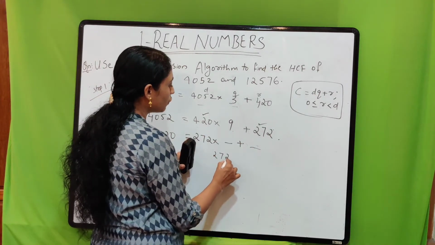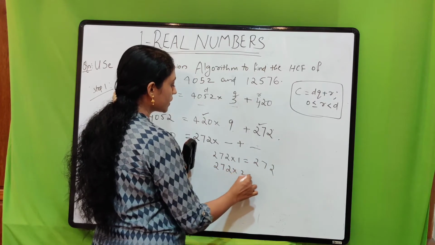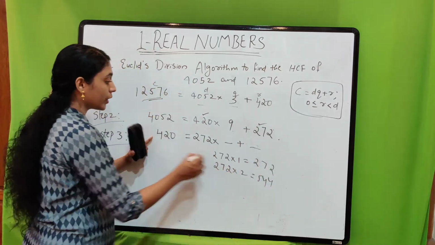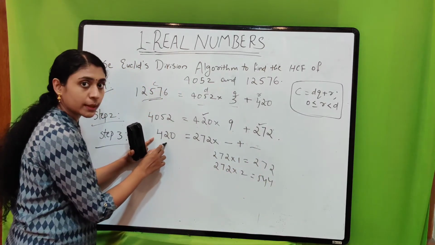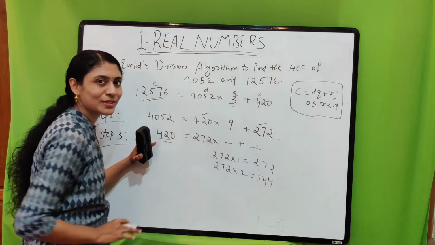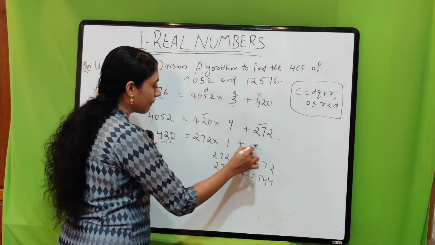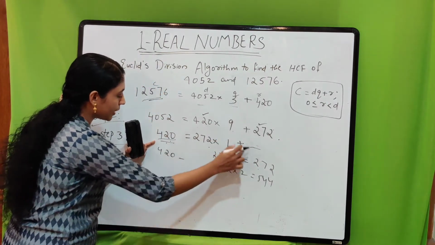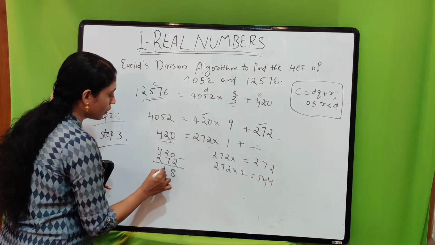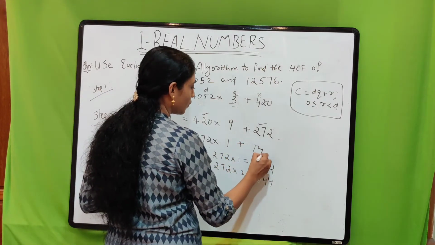Again, 272 into 1 it is 272. 272 into 2 is 544. 544 is greater than 420. So find a number which should be less than or equal to 420, and that is 272 itself. So we can write 420 is equal to 272 into 1 plus, what is that remainder here? 420 minus 272 is 148. So here we can write 148.